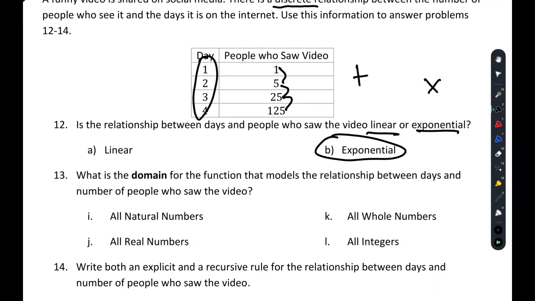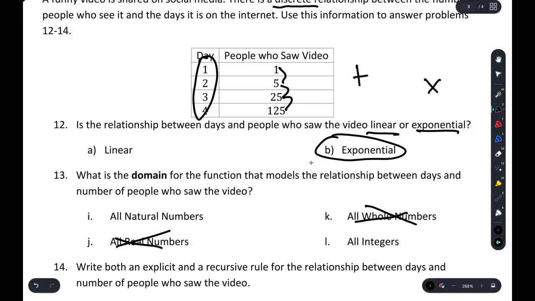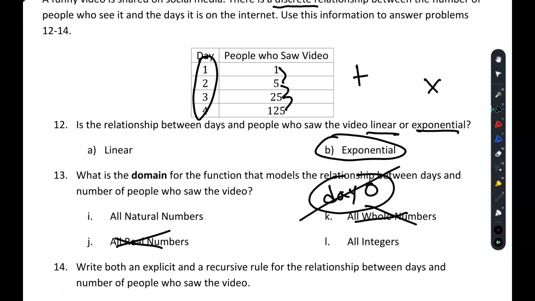These days are going to be whole numbers, right? So it can't be real numbers. Now it could be whole numbers, but there's no day zero. So it starts with 1.